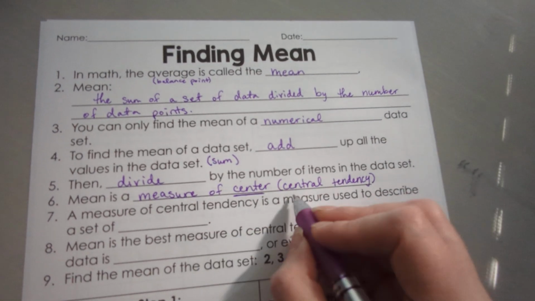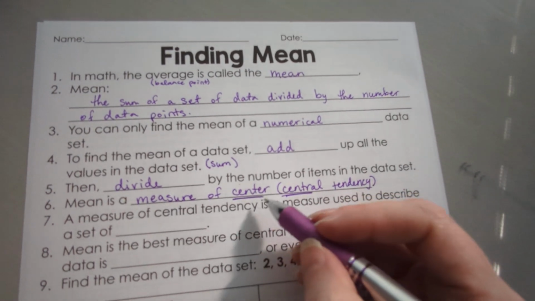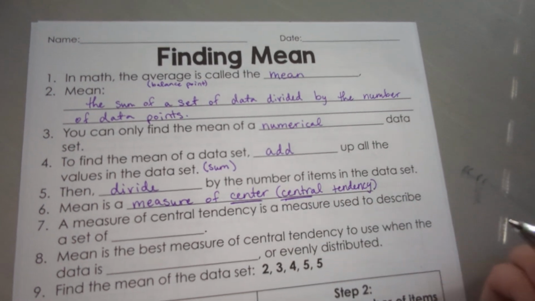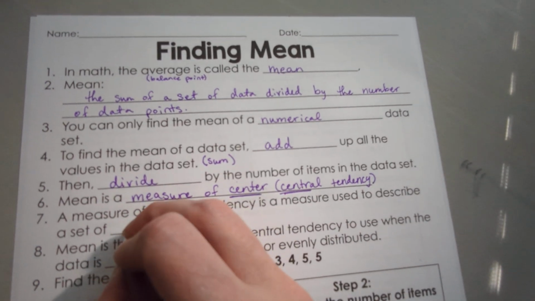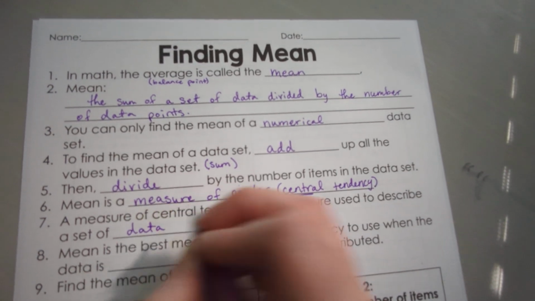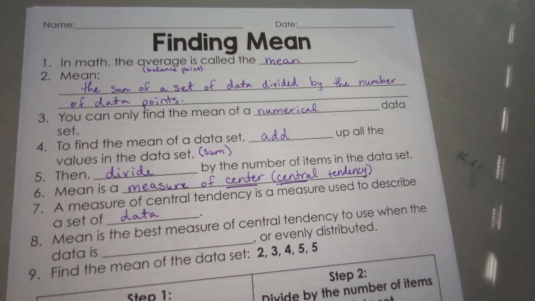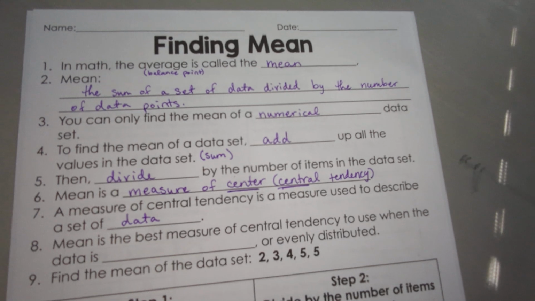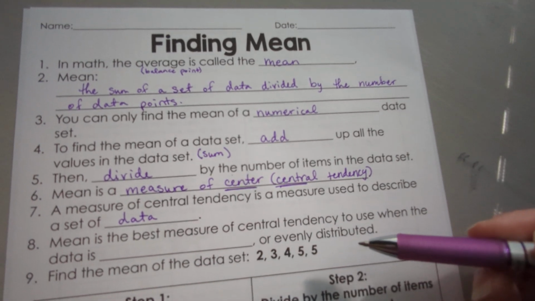We both have centra, basically, at the beginning of each of these. It just means the middle, okay? So it's kind of just describing overall what the data set is doing. So a measure of center or central tendency is basically used to describe what is the data doing, just like as a whole.